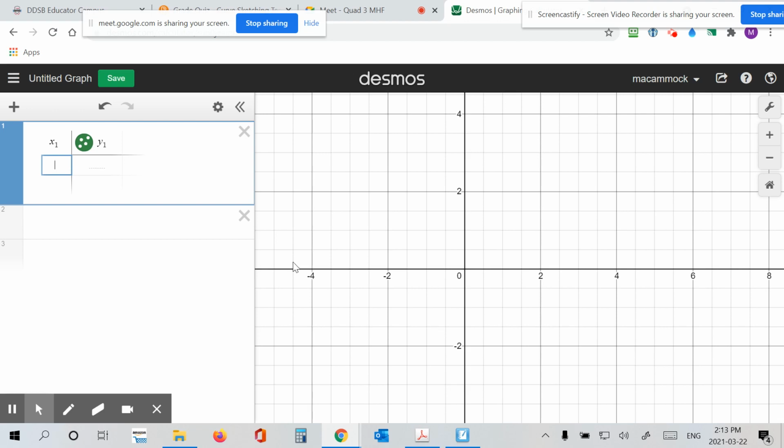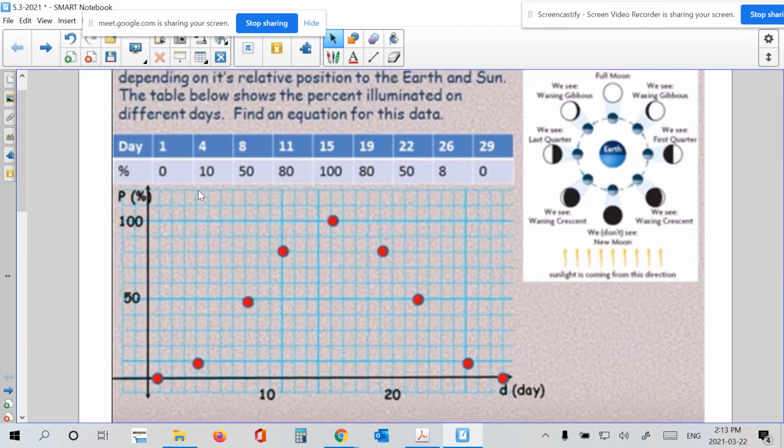Okay. I need to switch back because I need all my X values. My X values are 1, 4, 8, 11, 15. I'm going to write them down because I'm going to need them for putting them in. You might want to write these down because you need these values to put into your table. I'm just going to, or screenshot it, one or the other. It's up to you. I'm going to simply copy down these values.